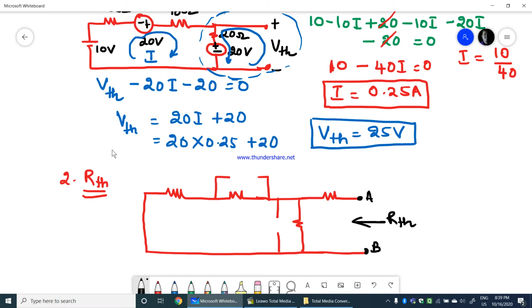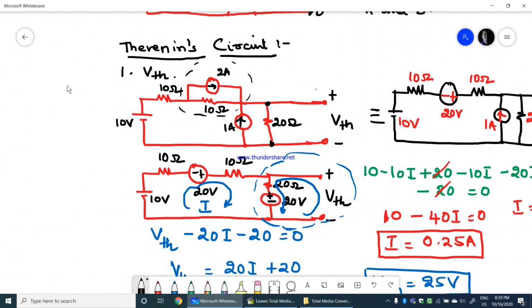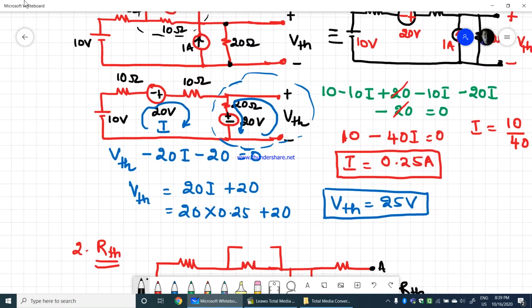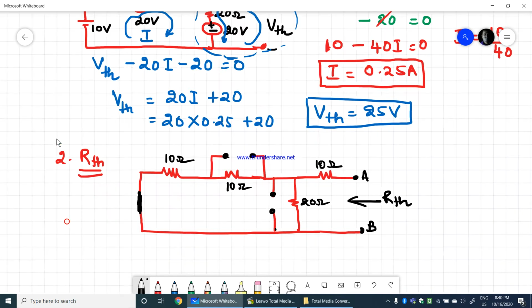The values of the resistances are 10 ohms, 10 ohms, 20 ohms, and 10 ohms in the main circuit. This is short, this is open due to current source, and this is open due to current source. You can't remove this 10 ohms because you are finding RTH, not the voltage or current, so this 10 ohms will also be there in the circuit.